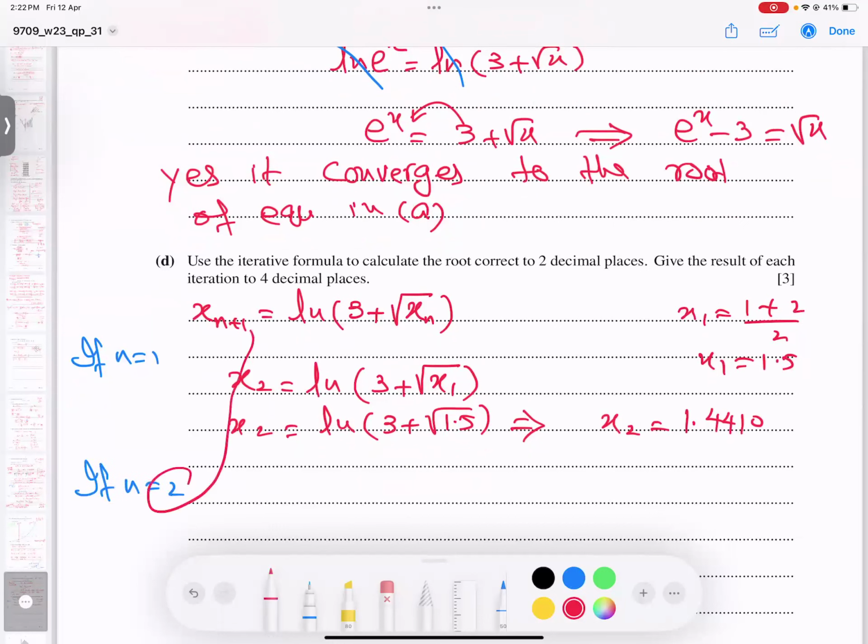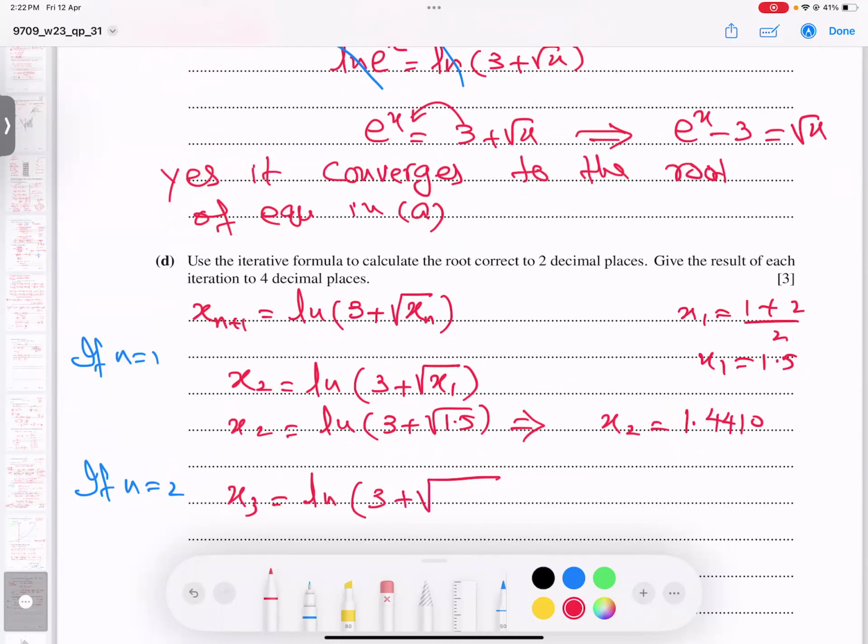Okay, now first I plugged in n equals 1, now I'm plugging in n equals 2, here and here. I get x3 equals log of 3 plus root of x2, and x2 is 1.4410, so this will come in the root. I believe you got my point.